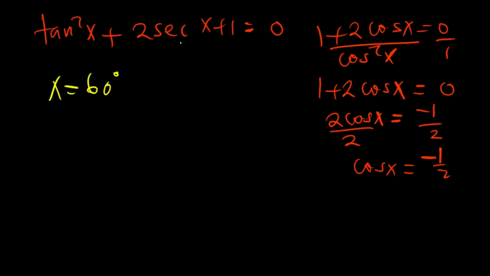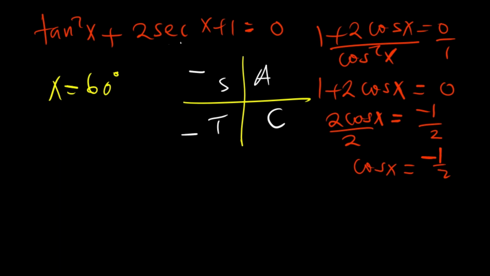But now, the issue which we need to understand is that we are talking about negative. It's negative half. So you check, where do we find cos to be negative? All Students Take Chamba. So where cos is negative, it is in the second quadrant and there in the third quadrant.